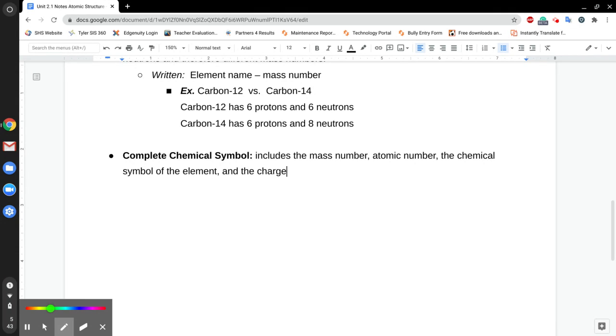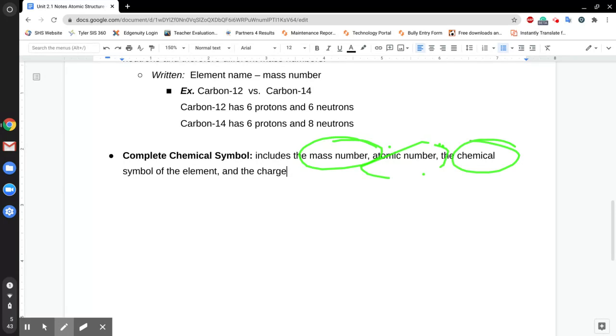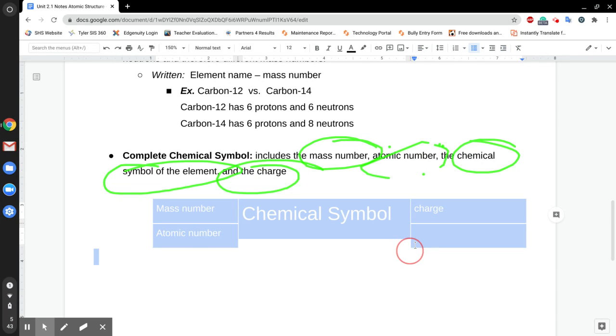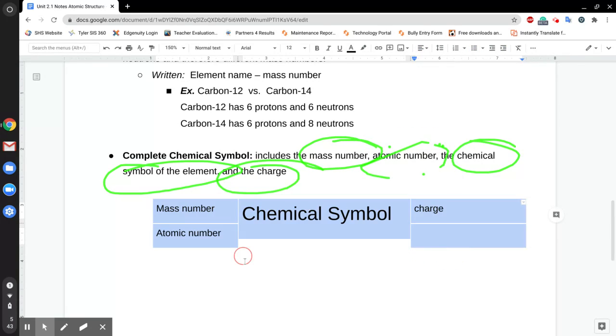We know how to find the mass number, where to find the atomic number, where to find the chemical symbol, and how to show its charge if it has one. Now, these are arranged in a specific way, so let's take a look at how we do that.